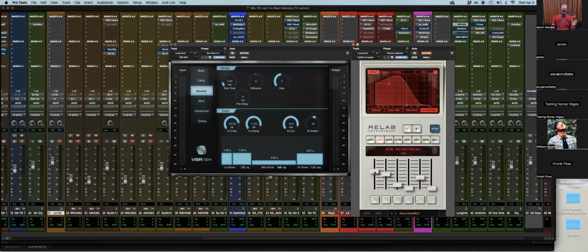The mid is going to be 1.58 seconds from 755 hertz to 3,780 hertz. That's the mid range, and that's going to be at 1.5. The bass in this case is going to be the same, but the high frequencies are going to be 2/10 of that, 0.2 of that. So that's how you shift tonally a reverb.